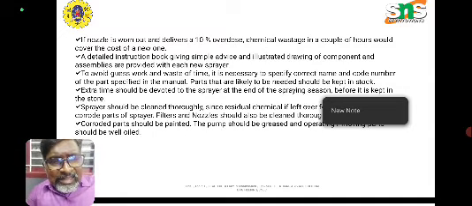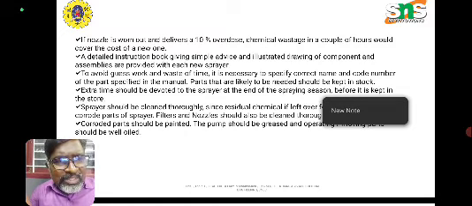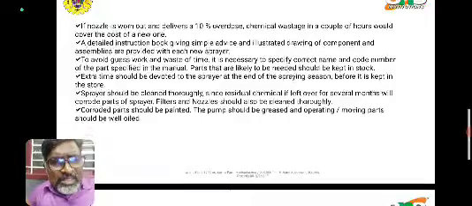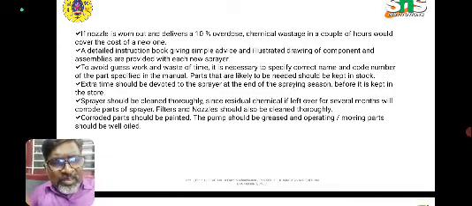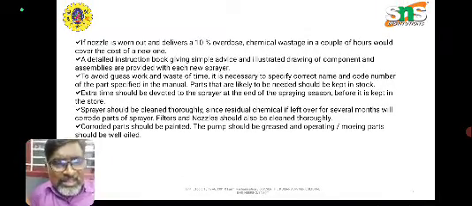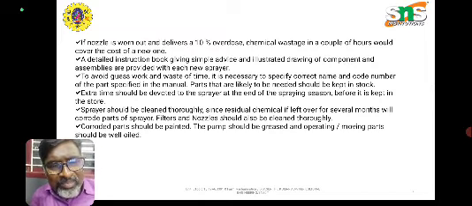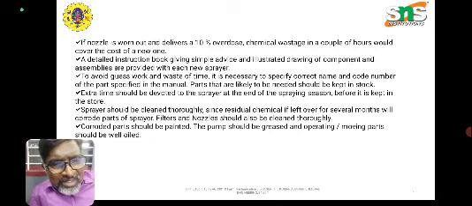So a detailed instruction book giving simple advice and illustrated drawings of components and assemblies is provided with each new sprayer. Whenever we buy a new sprayer, we can see a manual book. In the manual book, the various parts will be mentioned, and how to work the sprayer will be given in detail.